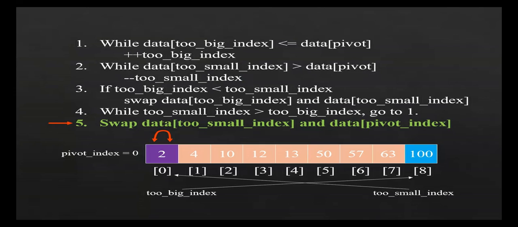So whenever we reach the 5th step, after executing the 5th step, we know that the pivot achieves its exact position. We can see that after replacing that, 2 gets its exact position, but it was already in that position, right?